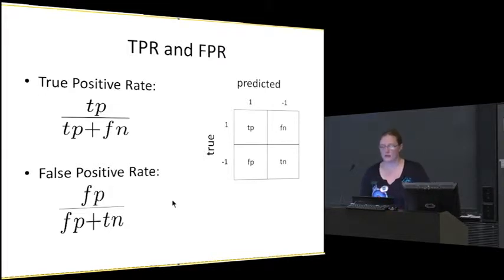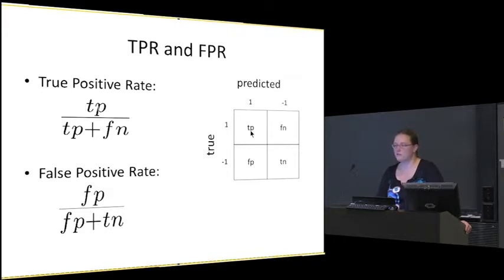And there are two measures for this. One is the true positive rate. If you look at the confusion matrix here, what this does is it looks at the whole number of samples that actually are in the positive class, the foreground class. So these are all the faces in my data set. And then I look at how many of those faces were actually found.